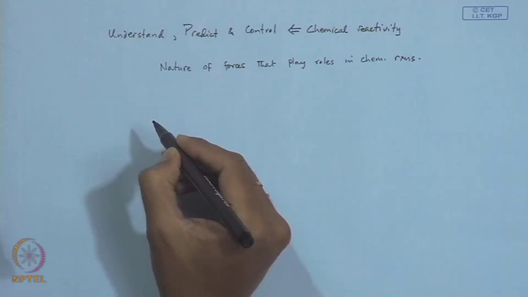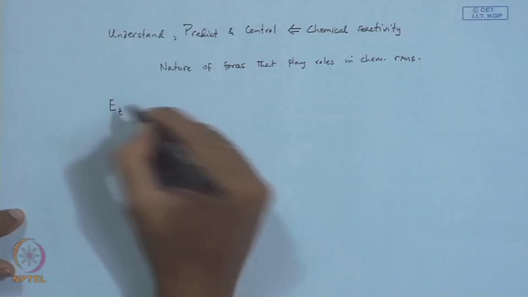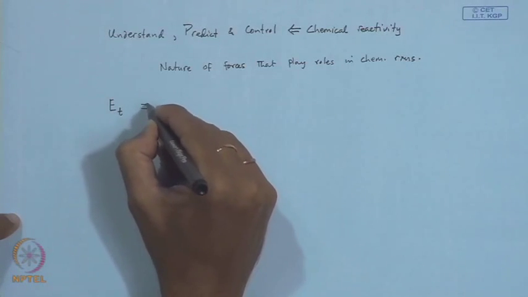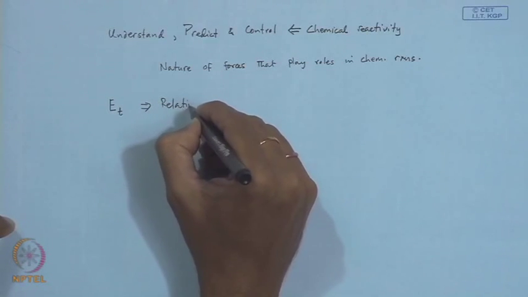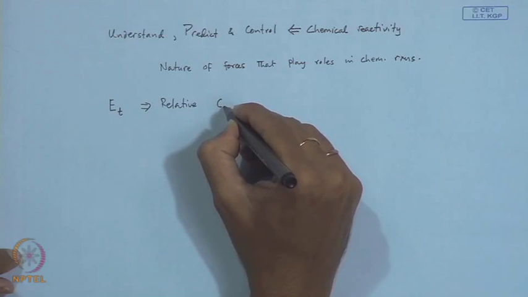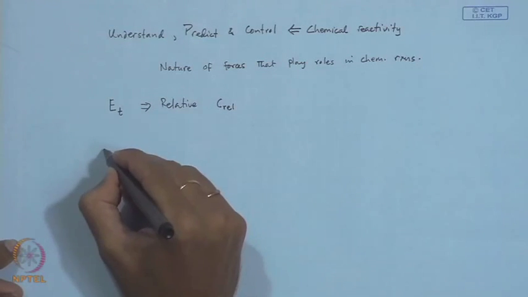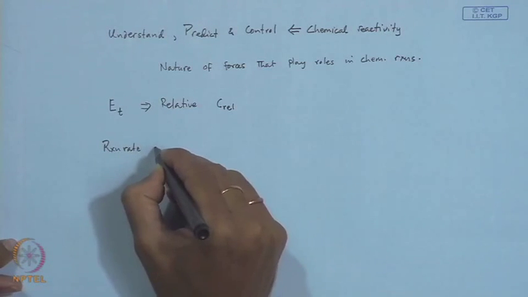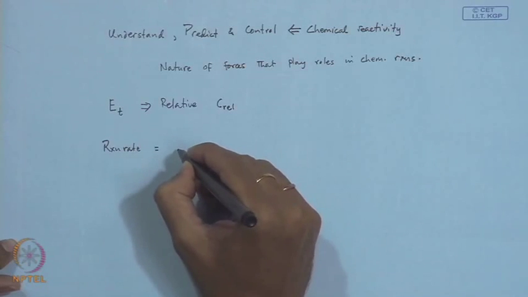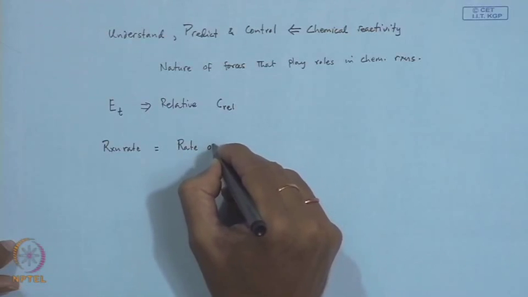Now, when collision energy is given by a quantity say E t, and if that corresponds to a relative velocity between the colliding entities, written as C relative, then the reaction rate can be written as the rate of reactive collision, because collision rate will determine the rate of reaction.